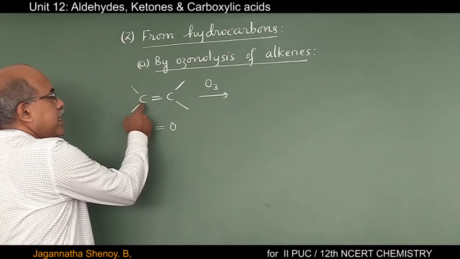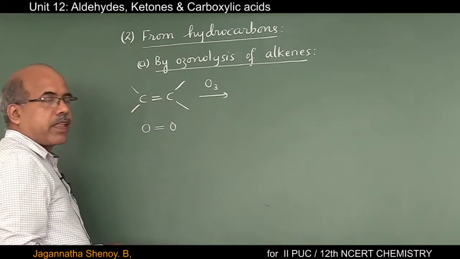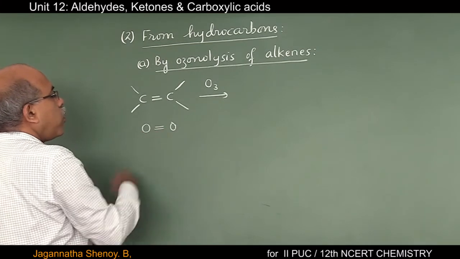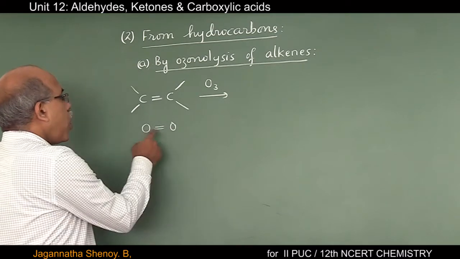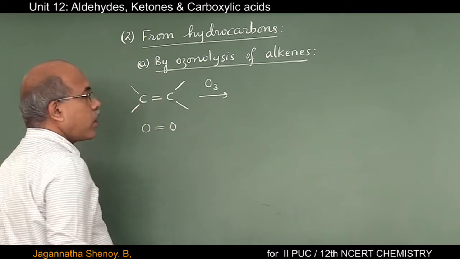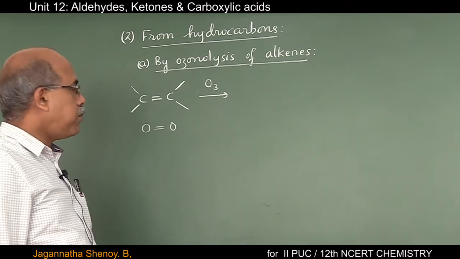So here whatever C double bond C is there, it becomes C single bond C. Same way here O double bond O becomes O single bond O, and these two oxygens are added across the two carbon atoms connected by means of double bond.